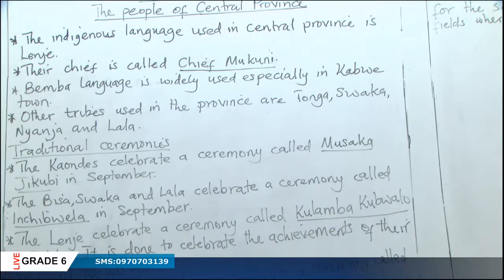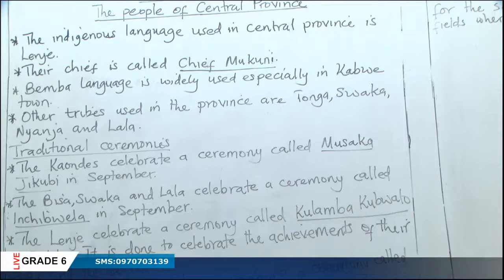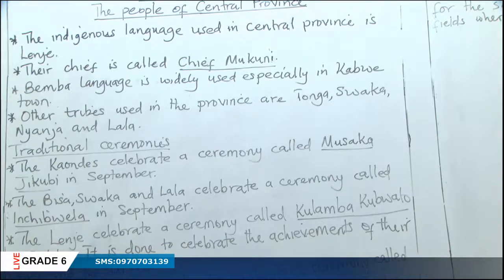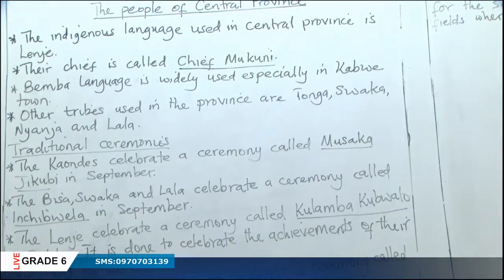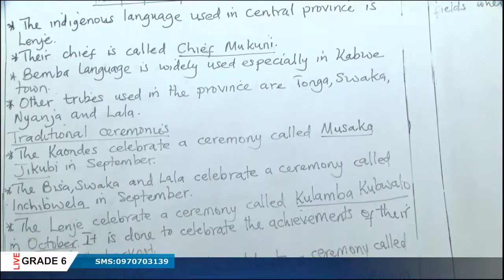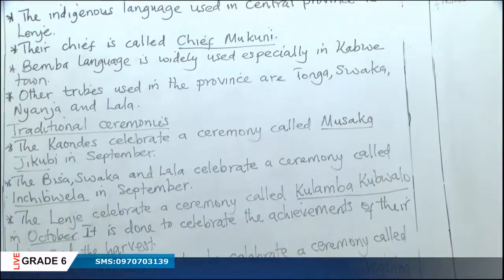Boys and girls, you must also understand that the Lenje celebrate a ceremony called Kulamba Kubwalo in October, which is next month. It is done to celebrate the achievements of their chief.